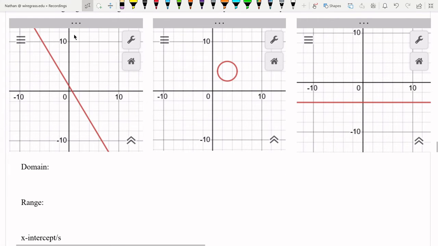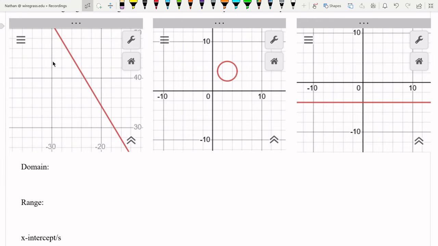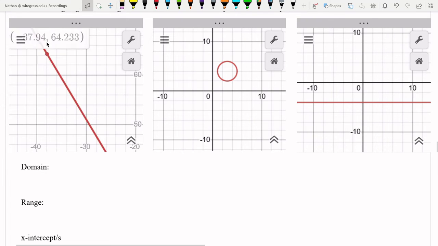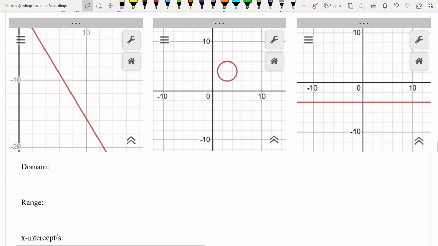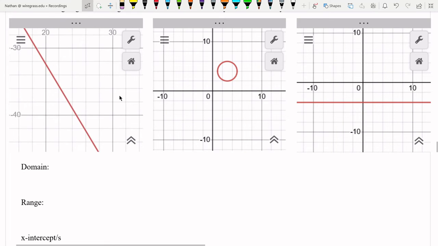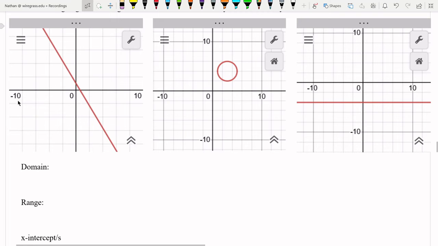Well, normally, if you're going to see a static image, if it continues off the edge, that means it continues indefinitely. Here on Desmos, we can just pull it, and you can see it continues indefinitely that way, and it continues indefinitely this way as well. This is the full relation here.